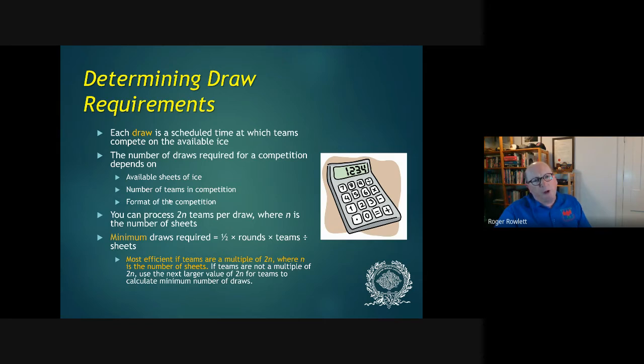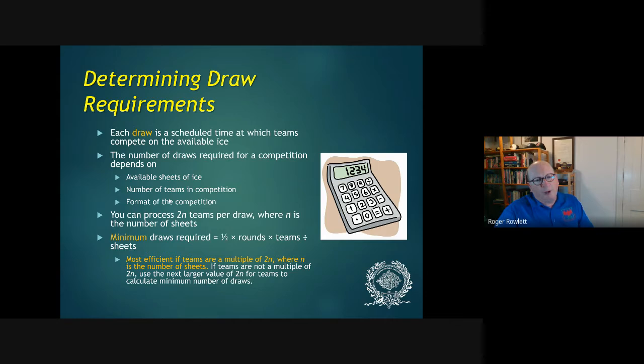The number of draws required for competition depends on how many sheets of ice you have, how many teams you have in a competition, and the format of the competition. And different formats may require a different number of draws. So the thing you need to remember is you can process twice as many teams per draw as you have sheets. So 2 teams per sheet per draw.